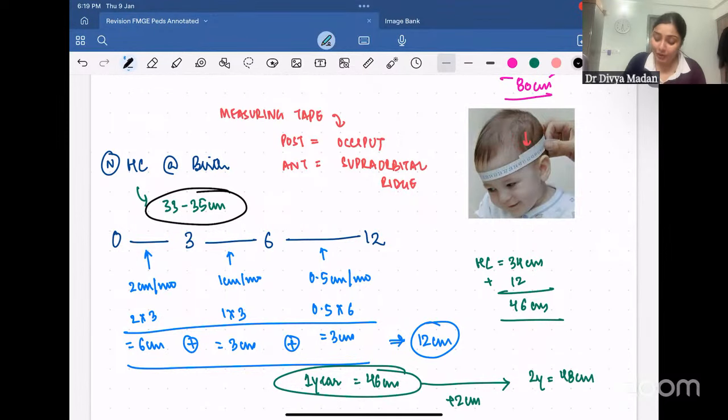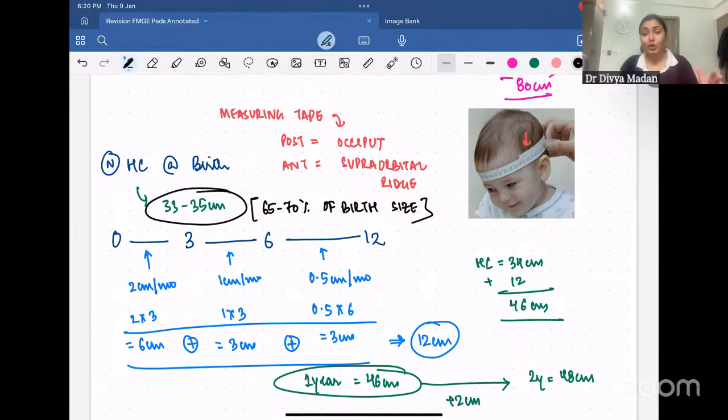It is actually 65 to 70% of the adult size. At birth, you must have seen a newborn baby, the head is quite big as compared to the body. Actually, the head size at birth is 65 to 70% of what the size is going to be in adulthood.